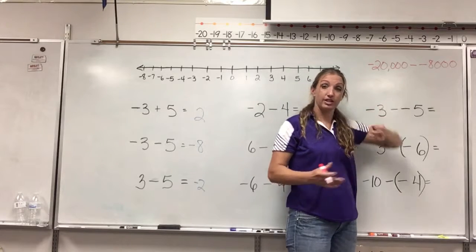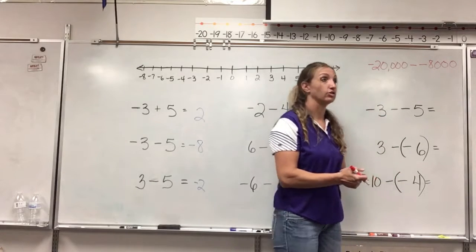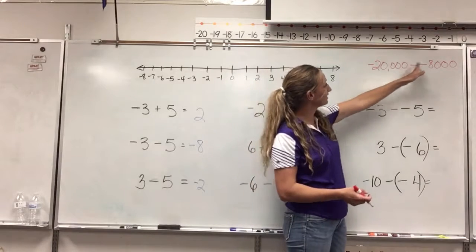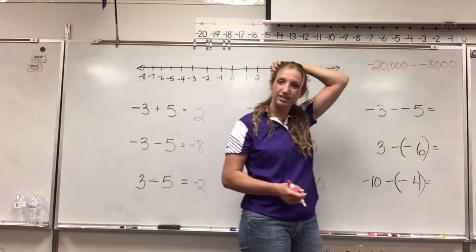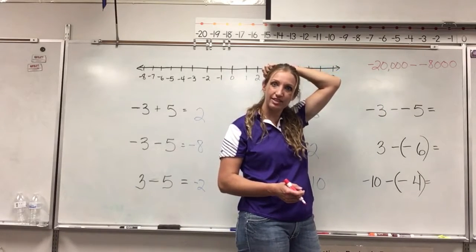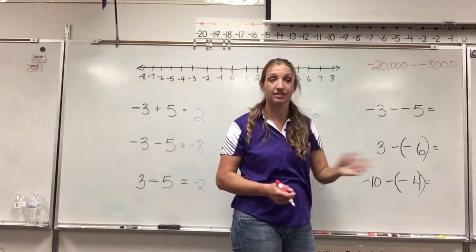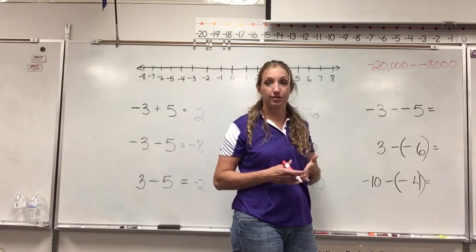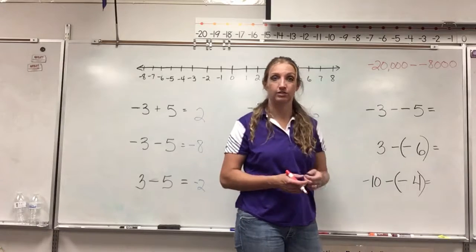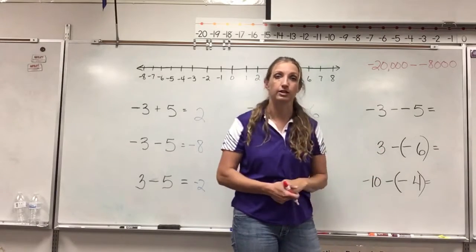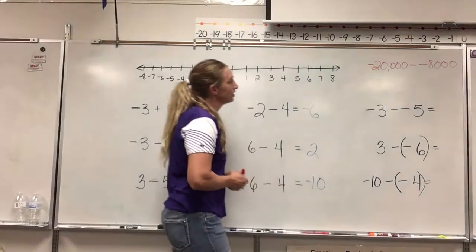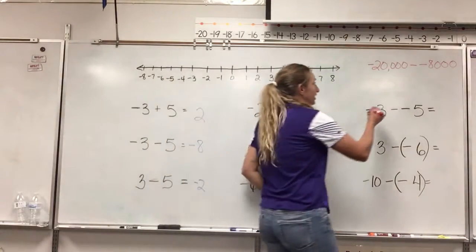So that was like giving me back $8,000. So when you see a minus, a negative, it's kind of like taking away debt. And when they take away debt, well, that's a good thing. That means you get to go back towards the positives, or you get to continue to move forward if you're already in the positives.